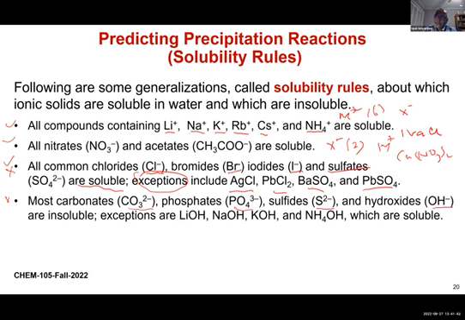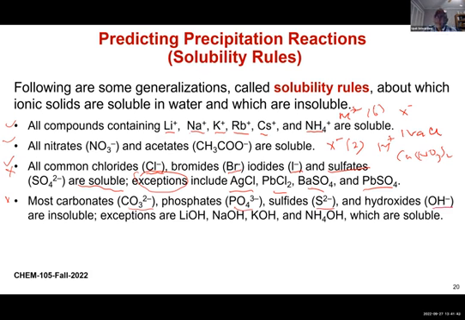We're going to look into oxidation reduction reactions. The short name for this type of reaction is redox reactions, for reduction oxidation.